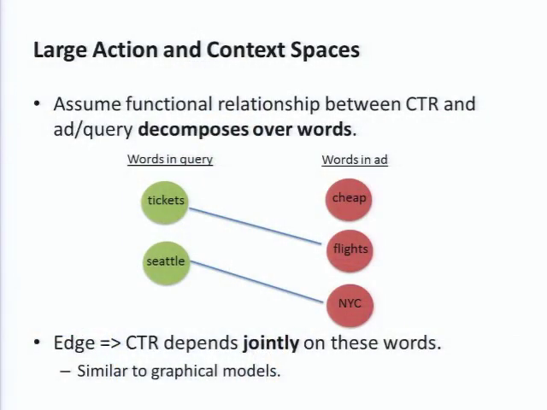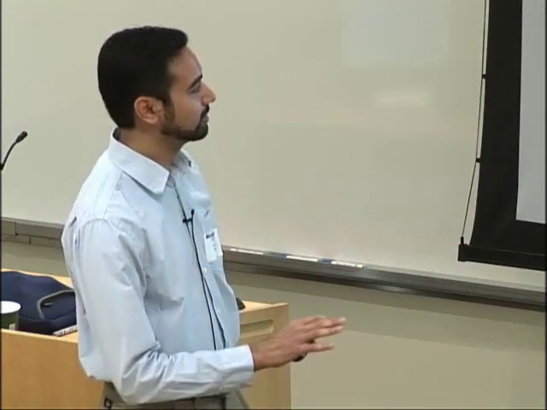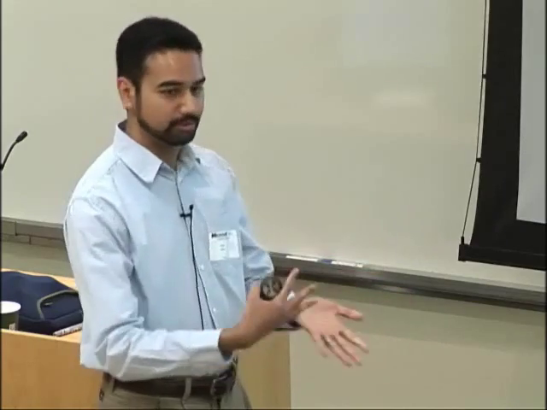Our approach is that the functional relationship between the click-through rate and the ad and the query decomposes in some nice way over the words that are in the ad and in the query.